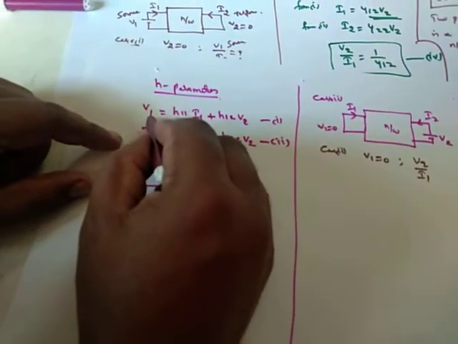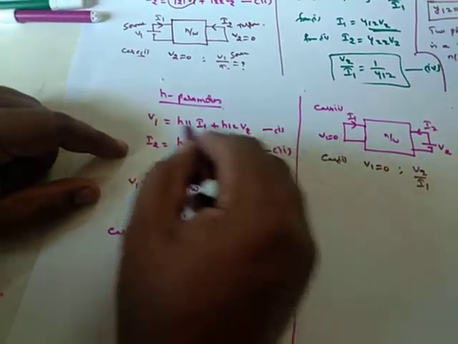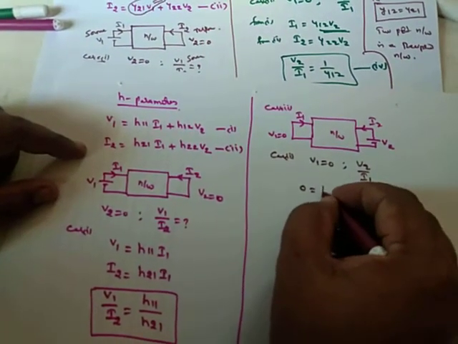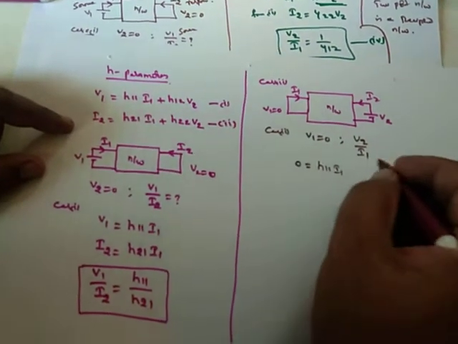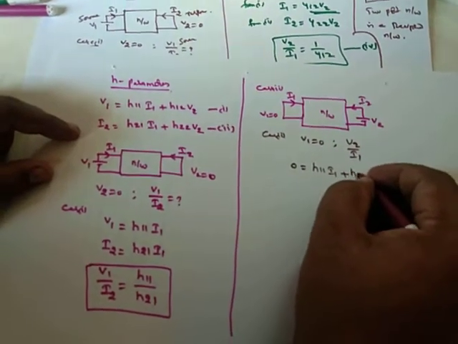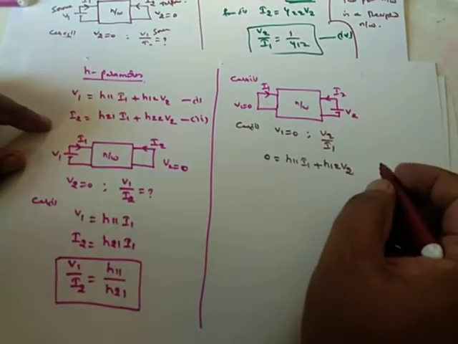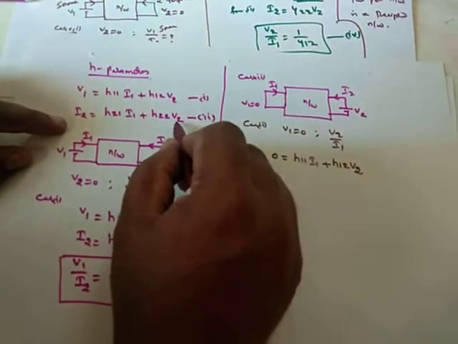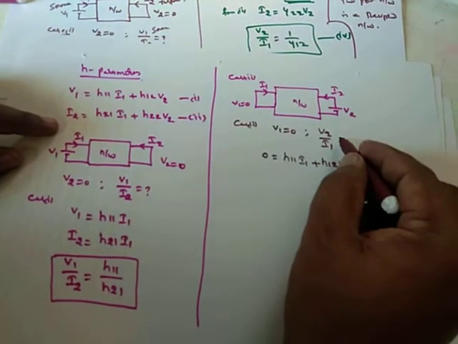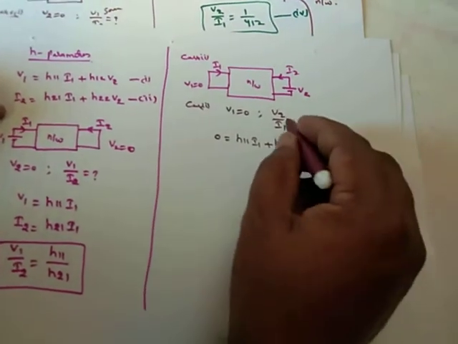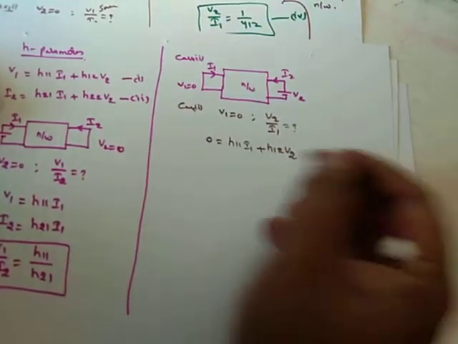Okay, here V1 is equal to 0. From the first equation, 0 is equal to H11 I1 plus H12 V2. We do not require the second here, because your requirement is obtained using the first expression, V2 by I1.